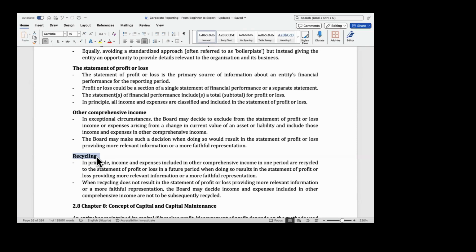It's just like the example I gave you, an asset you bought a few years ago for 20 million that is now worth 50 million. That 30 million gain is unearned, but if you now sell the asset for 50 million and collect 50 million cash, of course, that 30 million, you have earned it. And then you can recycle that income to P&L because you can confidently say that this is income that should go to your profits, readily available for distribution to investors.